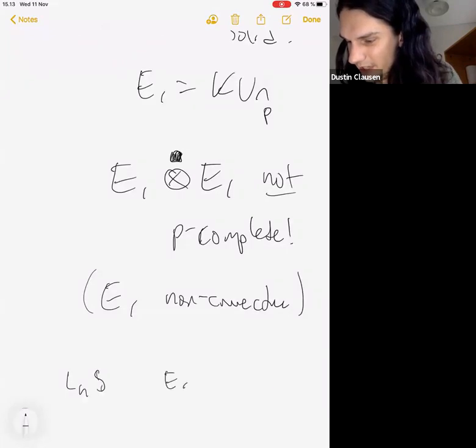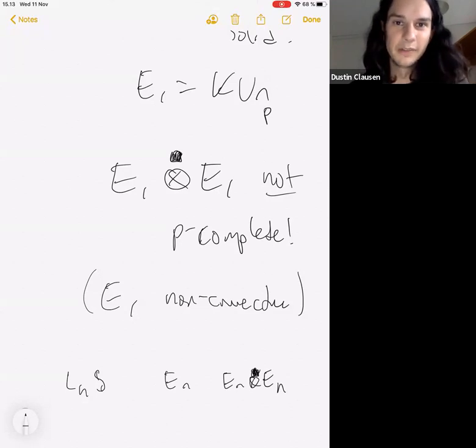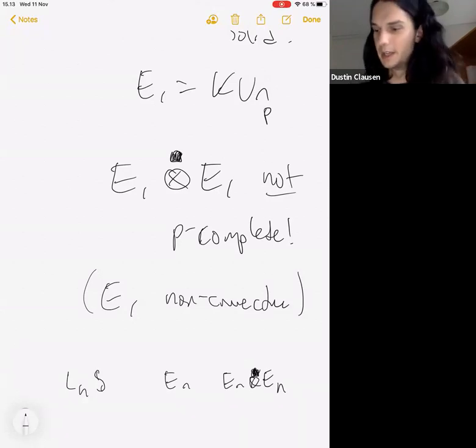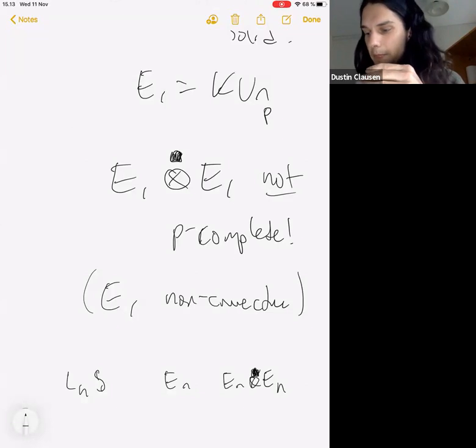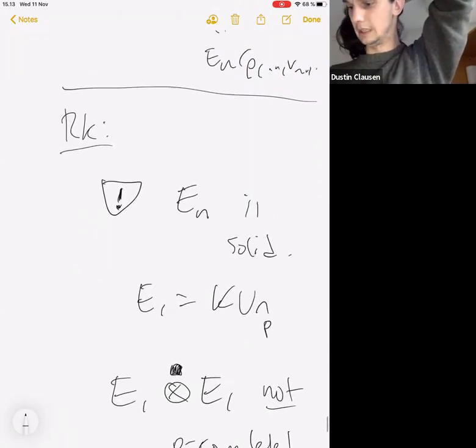I think if you do En and then En solid tensor product En and so on, you're not going to get the K-n local sphere. So this is less complete than the thing with the p-completion. It still contains more refined rational information than the p-completion. So that's one thing you have to keep in mind in this kind of non-connective situation.